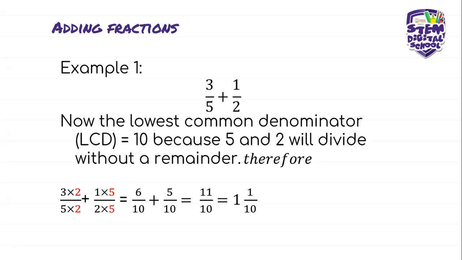Just to recap this example, I said when I started this lesson that there are learners who sometimes have a misconception. For instance, this one here, 3 over 5 plus 1 over 2. Learners who do not understand how fractions work will add 3 and 1, which are the numerators, and then they will also add 5 and 2. The learner will say the answer is 4 over 7. So please note outright that is wrong.